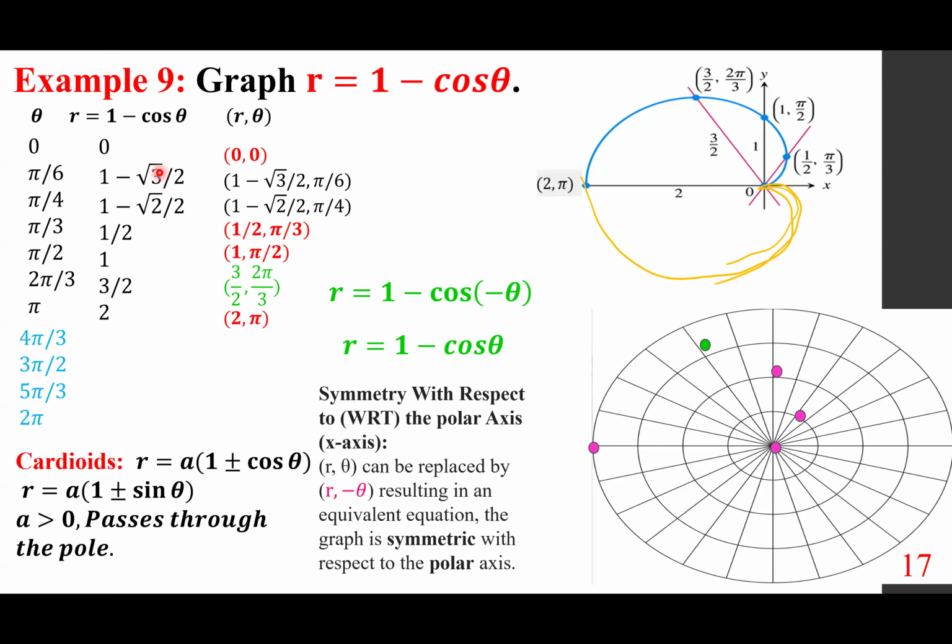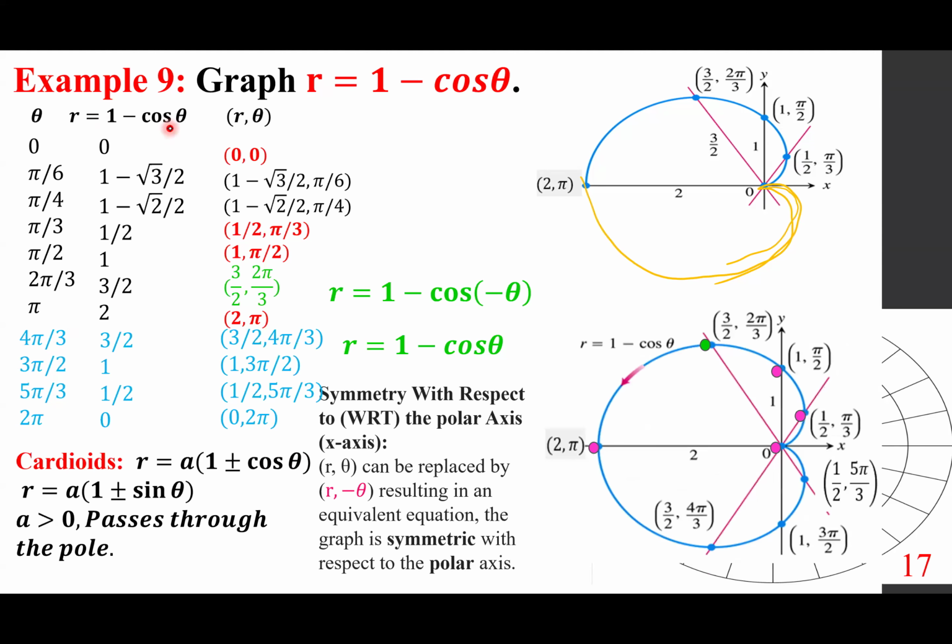At 3 pi over 2 cosine is 0, so it's just 1. 5 pi over 3 has the same reference angle as pi over 3, cosine 1/2, but is it positive or negative in the fourth quadrant? Cosine is positive, so 1 minus positive 1/2 gives you 1/2, and 2 pi or 0 gives you 1 minus 1 is 0. You can plot those pairs, and ultimately it looks like that.